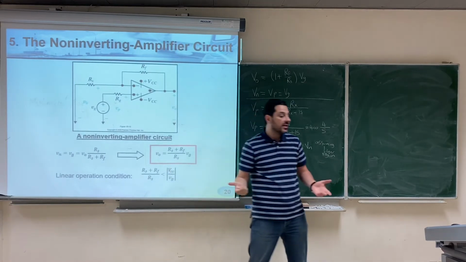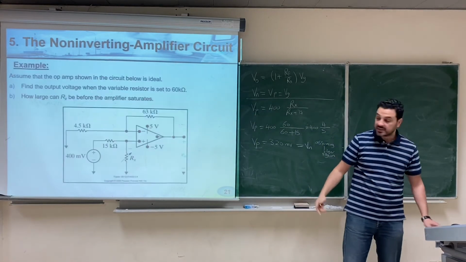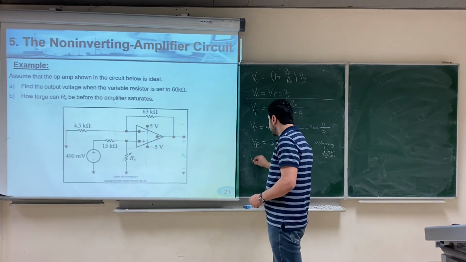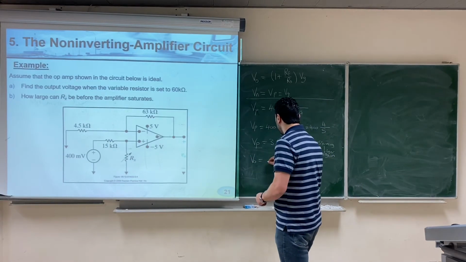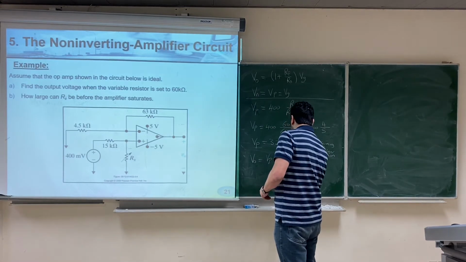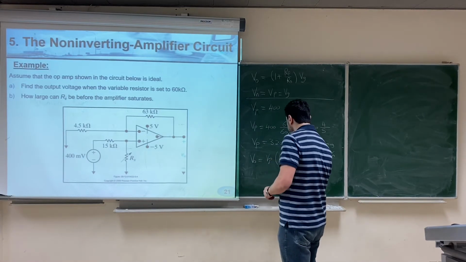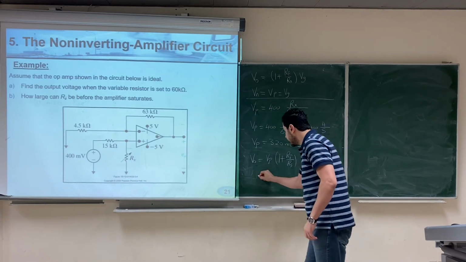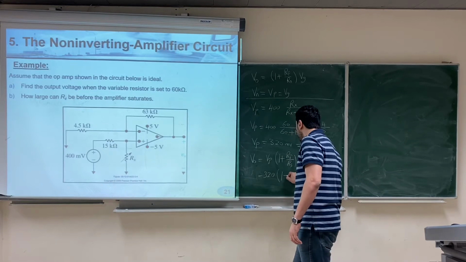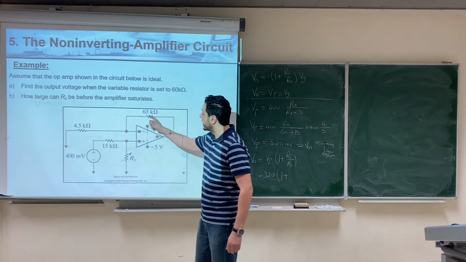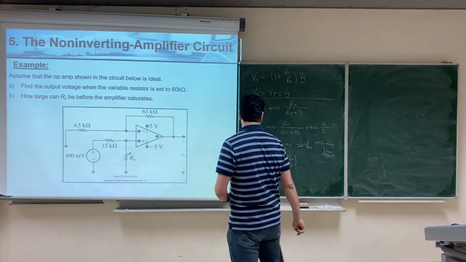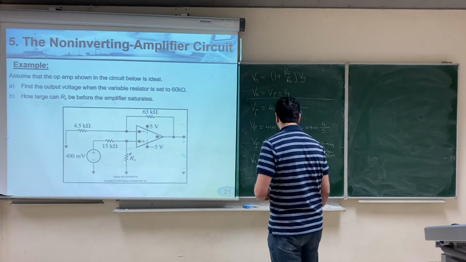So you can directly use this relation for the non-inverting amplifier, and you say that in this case the output will be equal to Vp multiplied by 1 plus Rf over Rs, and this will be 320 millivolt multiplied by 1 plus Rf, the feedback resistor, 63 kilo divided by Rs, which is 4.5 kilo.